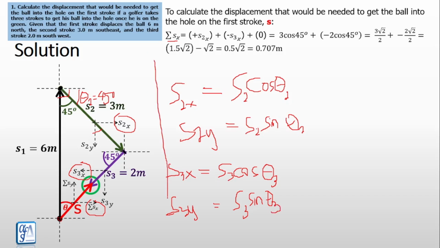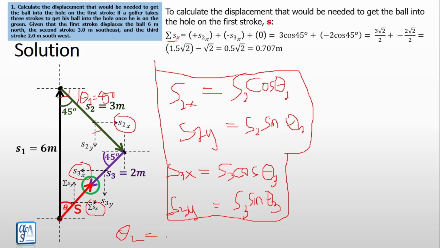So this is very important to know. Meanwhile, note that theta 2 and theta 3 is the horizontal inclination, the horizontal angle of S2, which is the same for S3 as well.